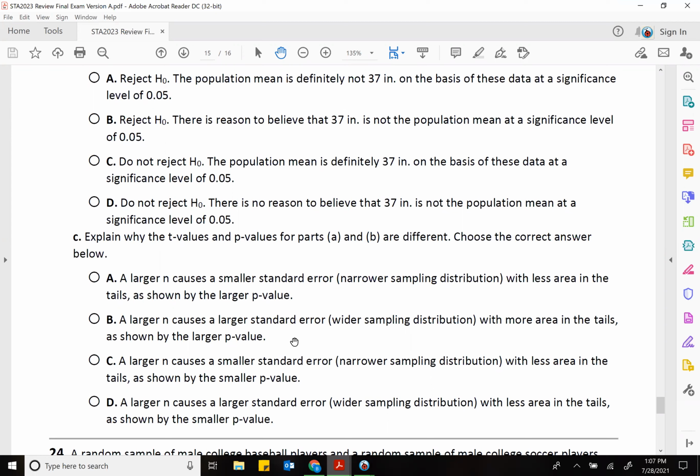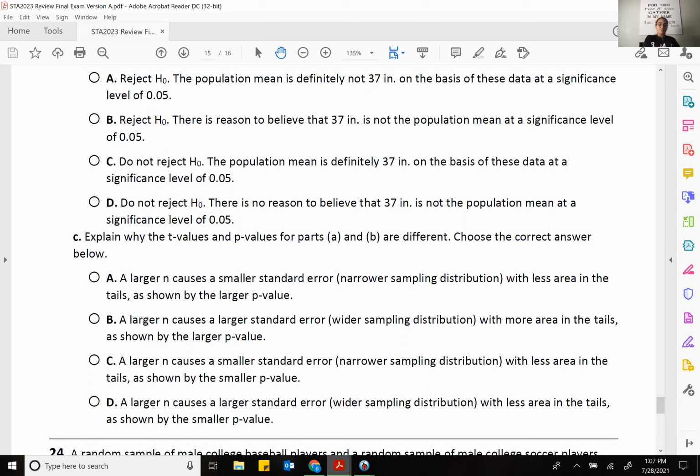Is it C, like a narrower sampling distribution? Okay. Because the larger N causes a smaller standard error, right? Yes, that is right. And the smaller your standard error, the less area that's going to be under your tails.